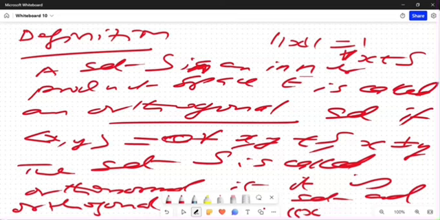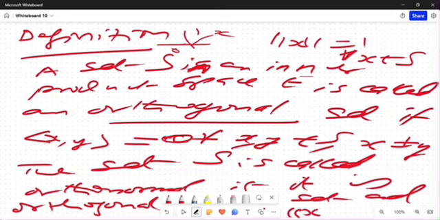Now, the set S is called orthonormal if it is an orthogonal set, and not only that, if the norm of x is 1. The norm of x is simply the length of x from the origin, so the length from here to here will be unit 1.